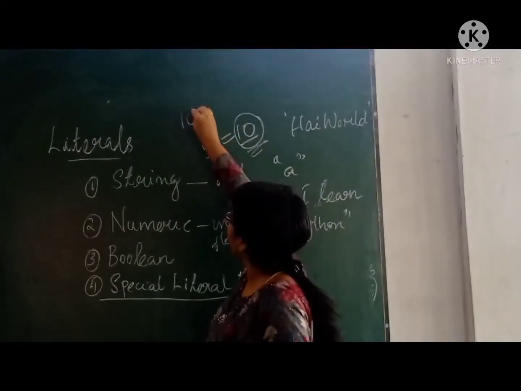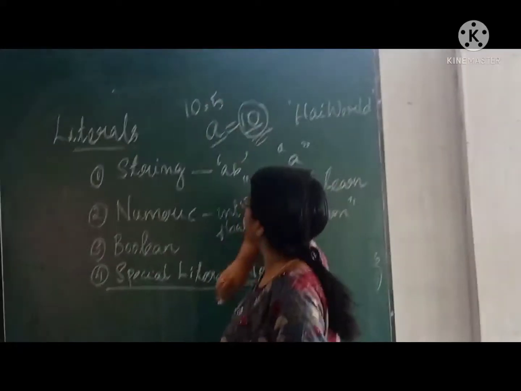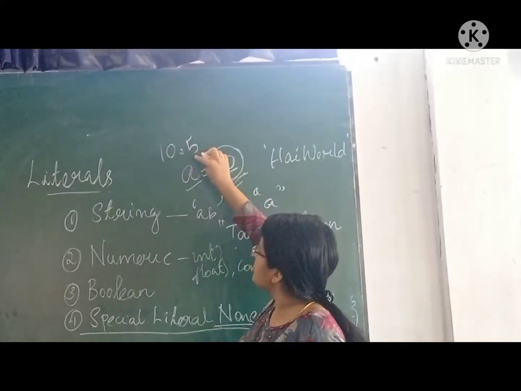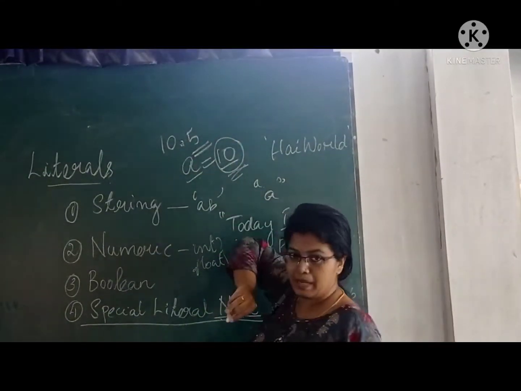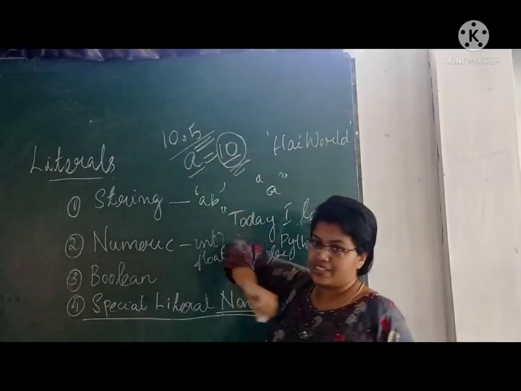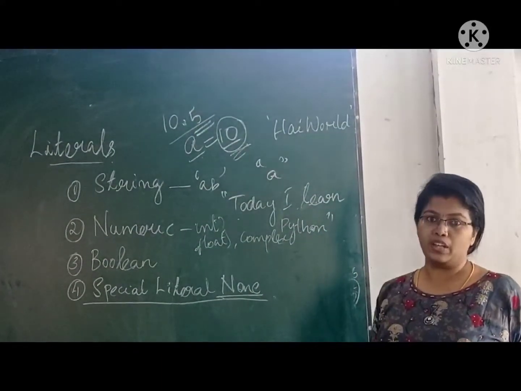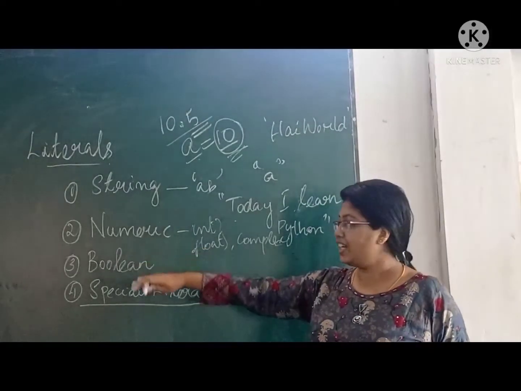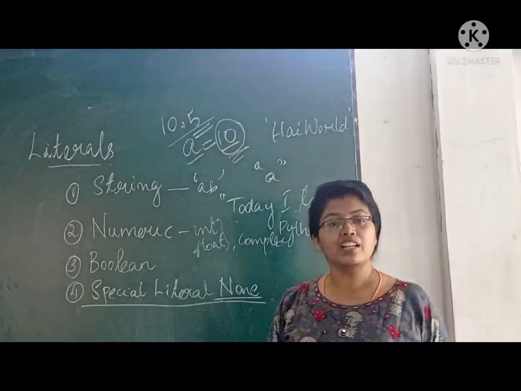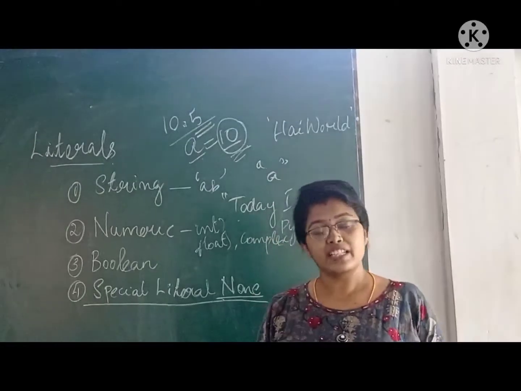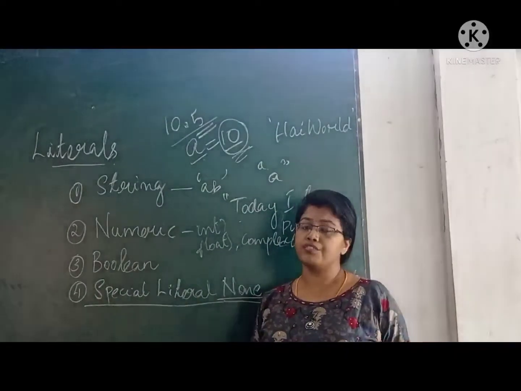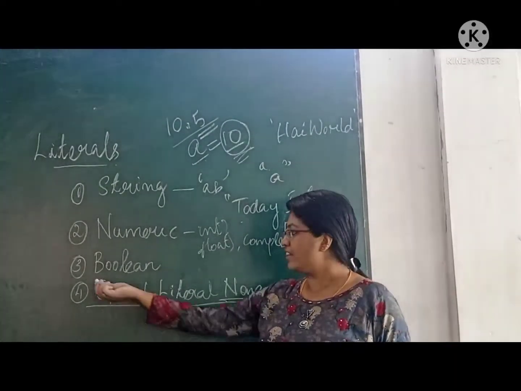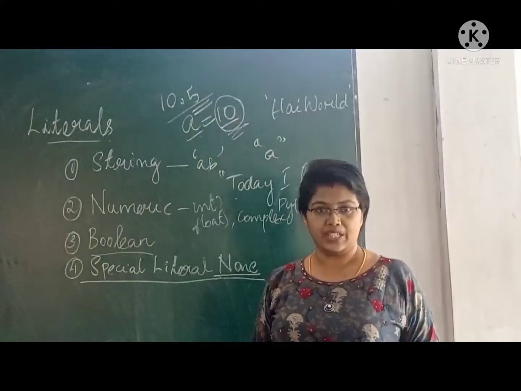Take 10.5: here a decimal part is present, so this type of literal we call a float literal or floating point literal. That is numeric literal. The last one is boolean literal. It returns only True or False, 0 or 1.